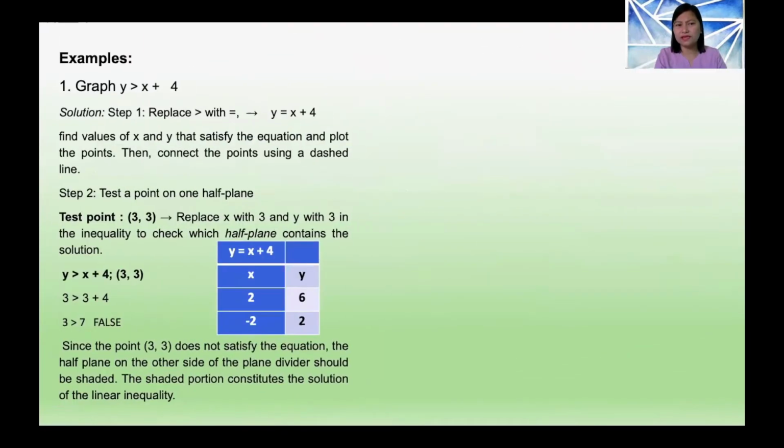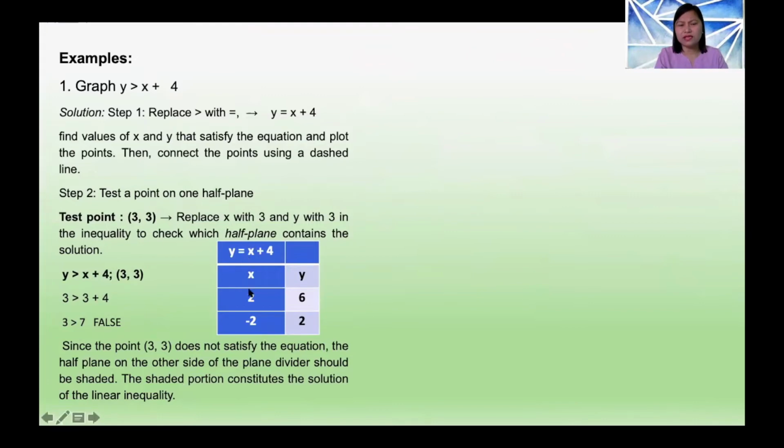Let's have the examples. Number 1, graph y is greater than x plus 4. So we replace the inequality symbol with an equal sign. We now have y is equal to x plus 4. So we find values of x and y that satisfy the equation.